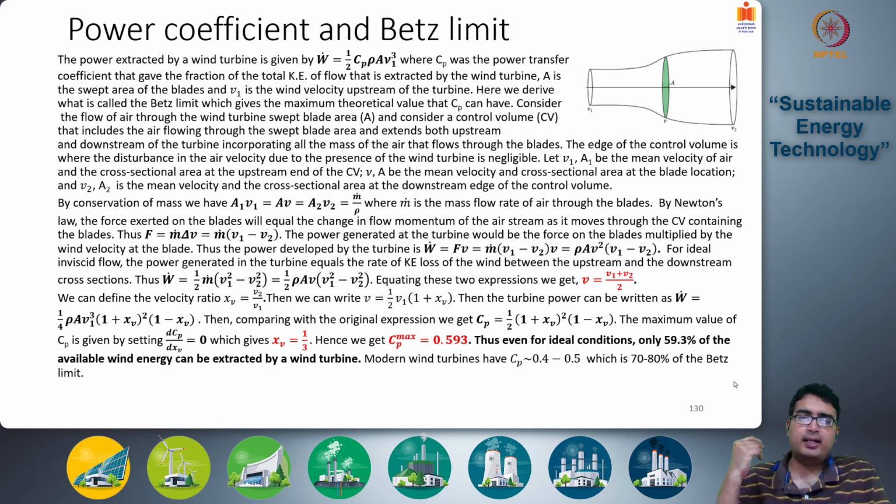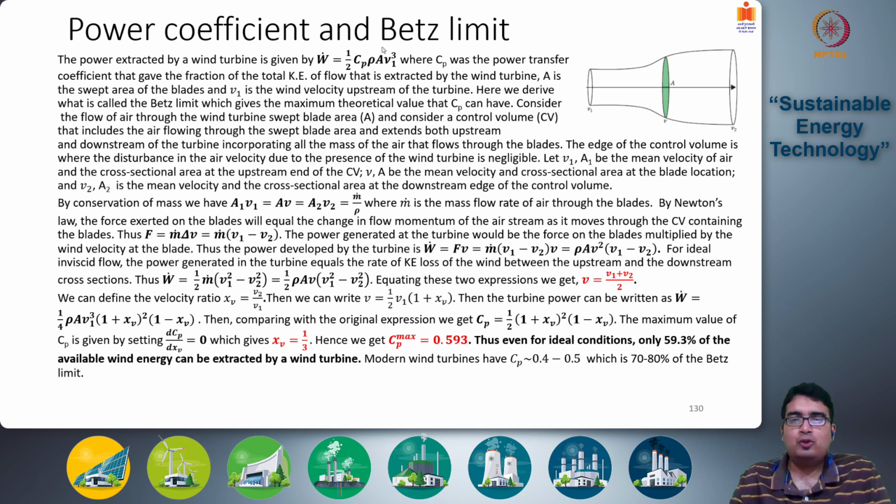In the previous class, we were continuing our discussion on wind turbines and we found that the maximum efficiency or power coefficient Cp that a wind turbine can have is given by 0.593, which is the Betz limit.